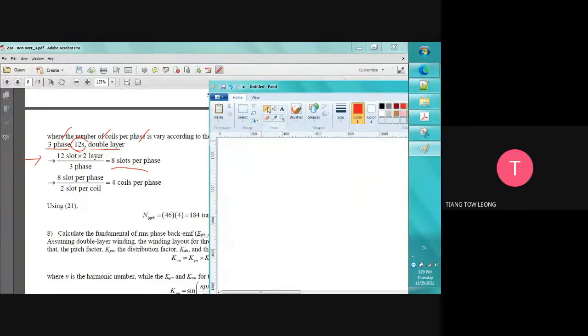Or we can use the formula to check it. Let's say the top one, 12 slots times layer, and then divide by the phase. Then we will have slots per phase. Layer can be omitted.